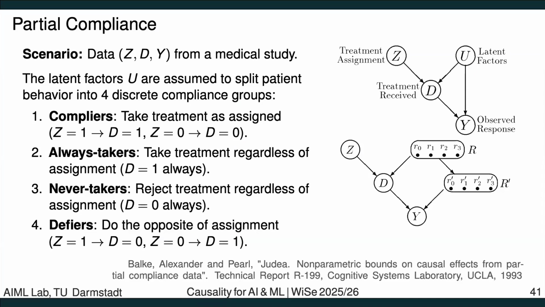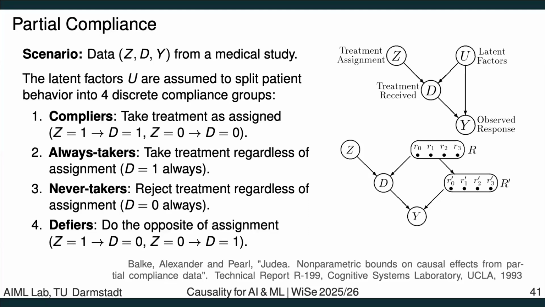Basically, what this means is, okay, we asked some experts, they have conducted a study, and we have some treatment assigned. The patients then receive the treatment, and we observe the response. So it's very simplified. And there are a lot of latent factors, like the genes, socioeconomic background, whatever beliefs, what they read on the news, or what their mood was on the day they should take the treatment.